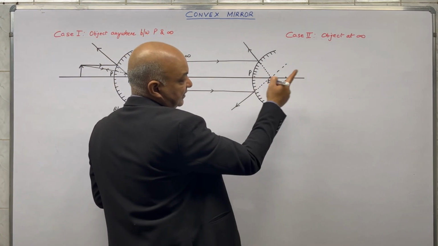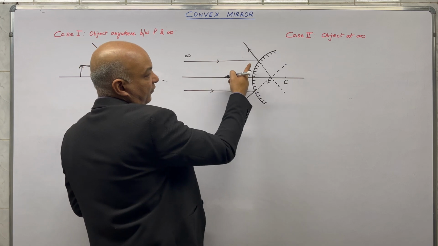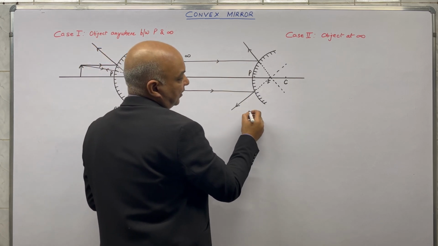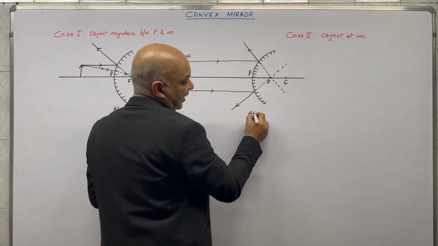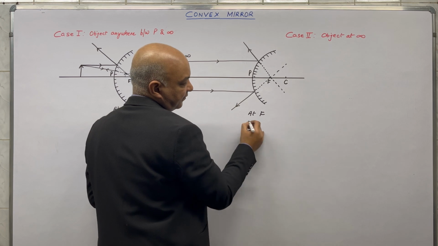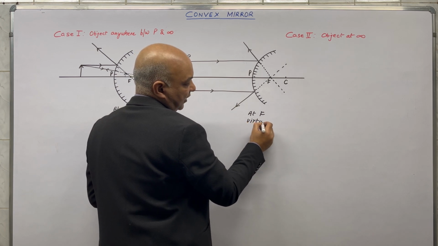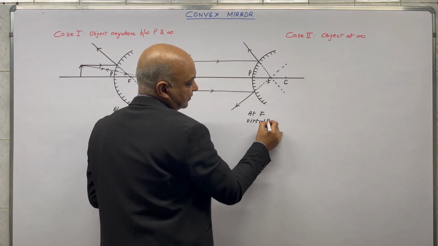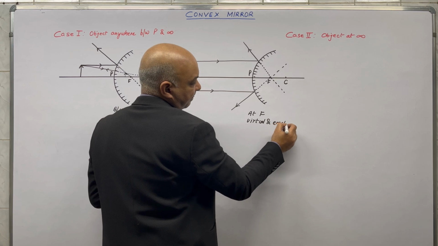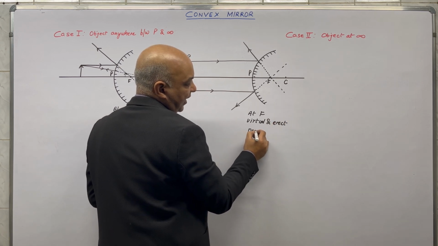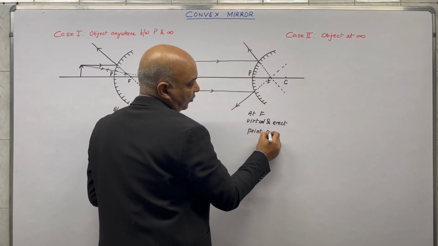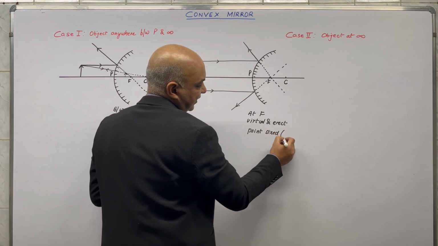So if the object is very far off from the convex mirror, image is formed at focus, virtual and erect, and it will be highly diminished, or I can say point sized.